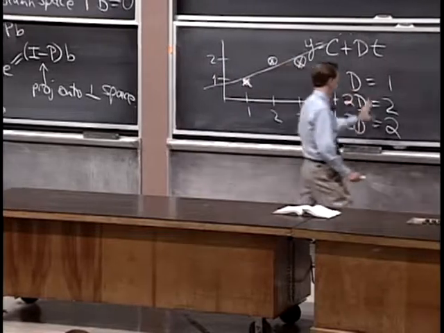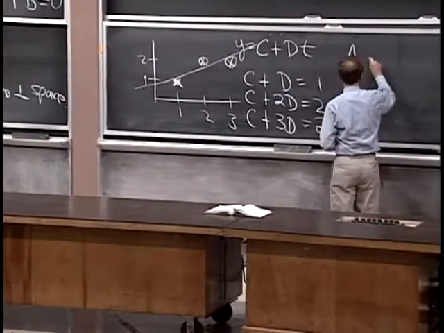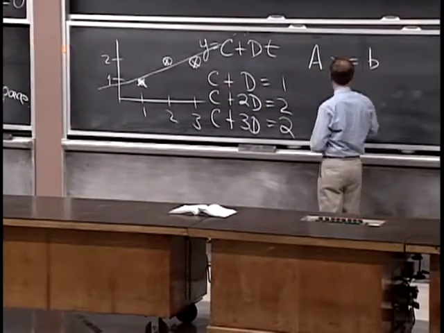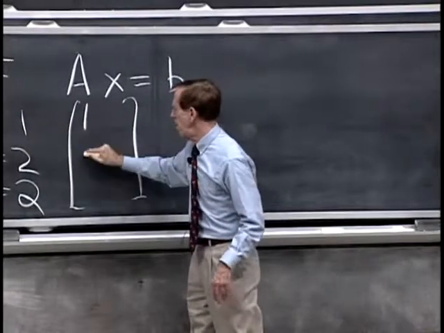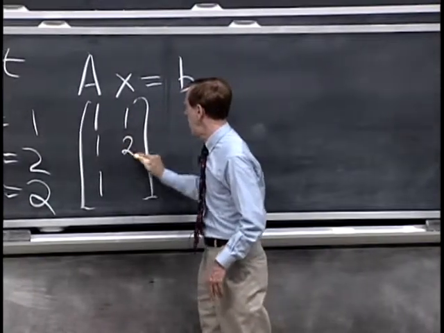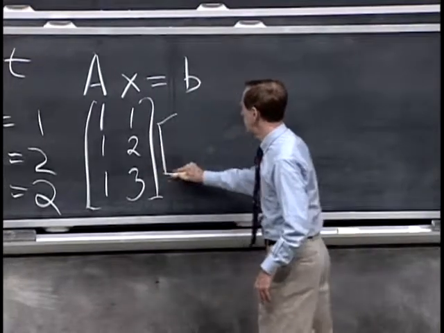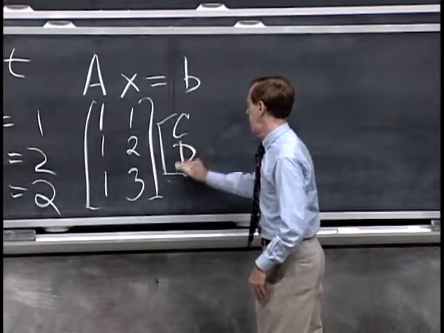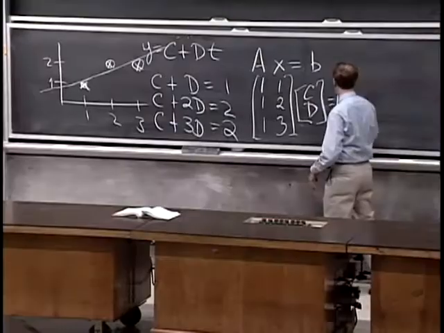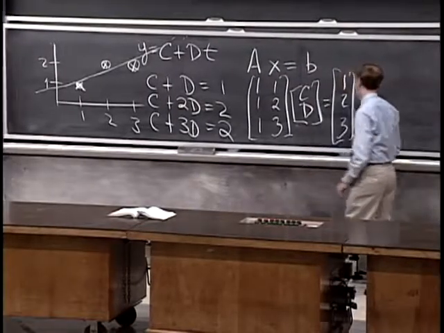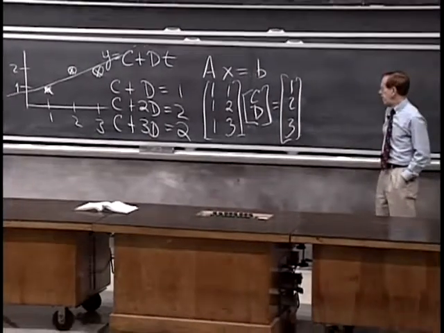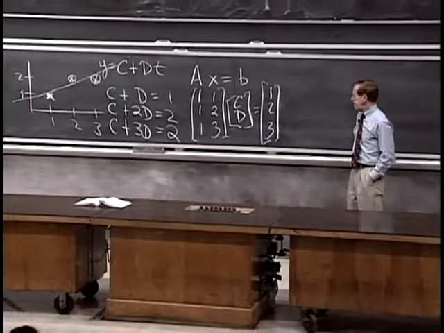So this is my equation, AX equals B. A is this matrix, 1, 1, 1, 1, 2, 3. X is, I only have 2 unknowns, C and D. And B is my right-hand side, 1, 2, 2. Okay. No solution.